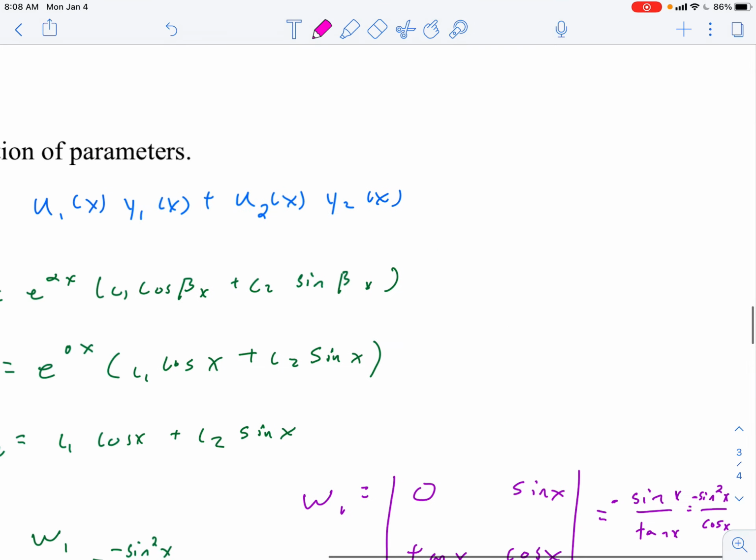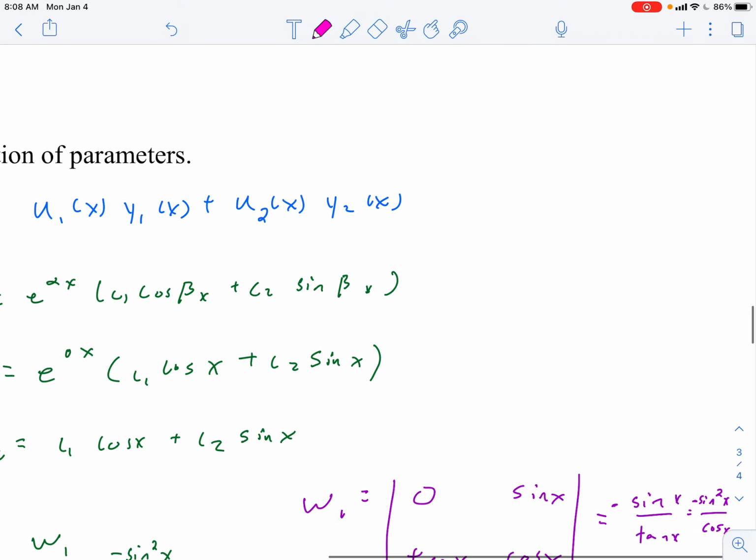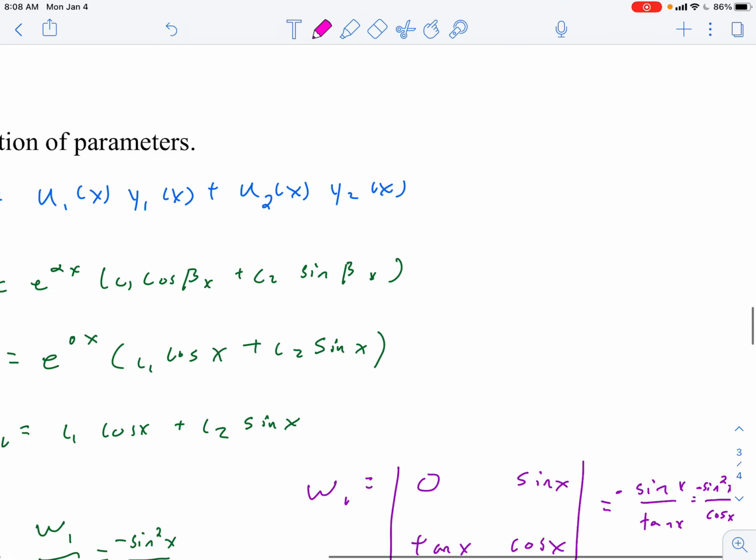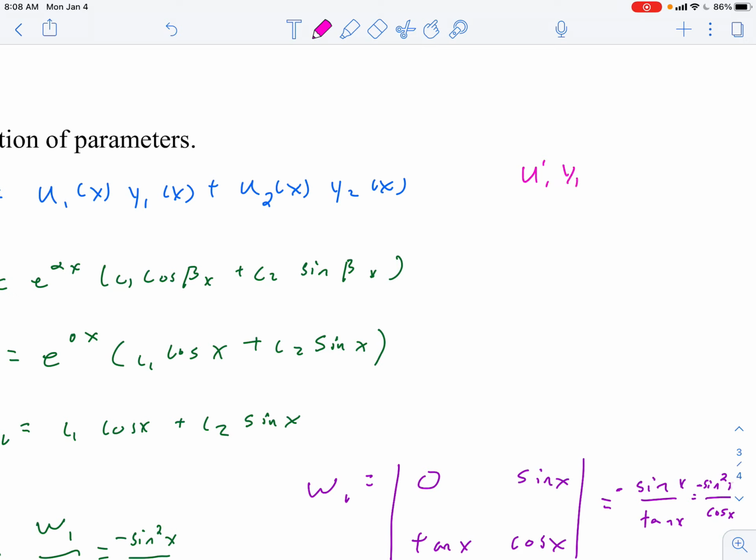Over here to the right, we know that u sub 1 prime times y sub 1 plus u sub 2 prime times y sub 2 equals 0, and u sub 1 prime times y sub 1 prime plus u sub 2 prime times y sub 2 prime equals our function.